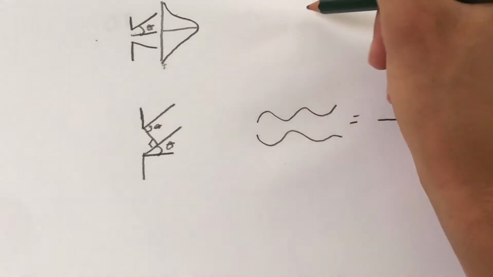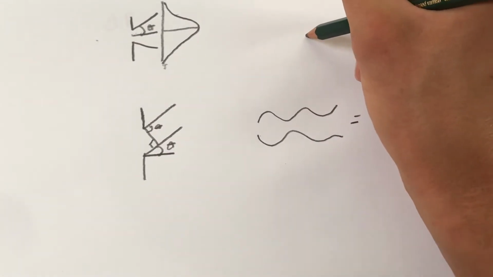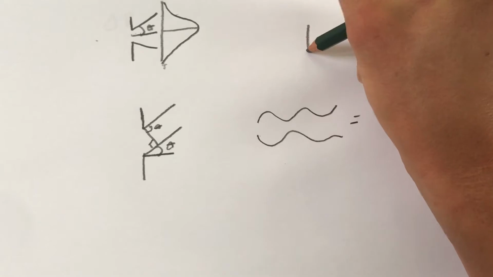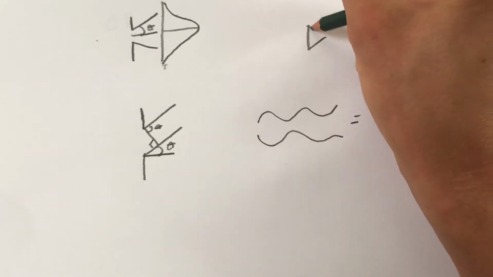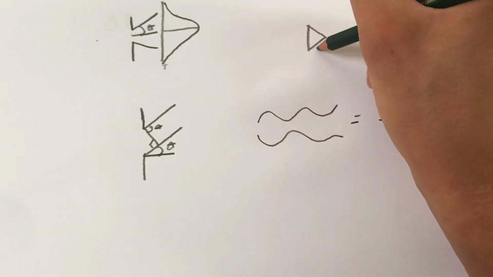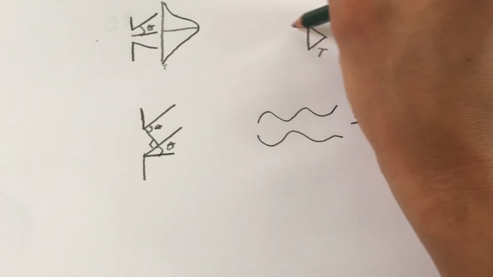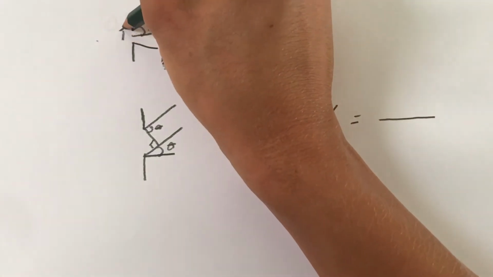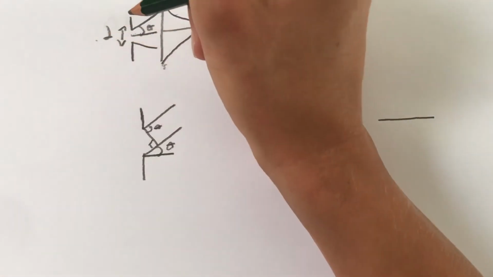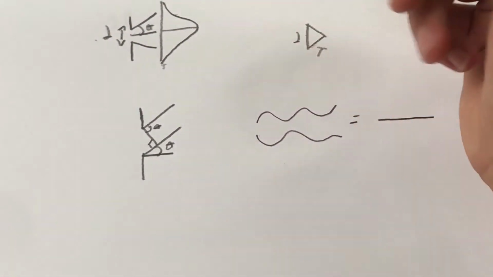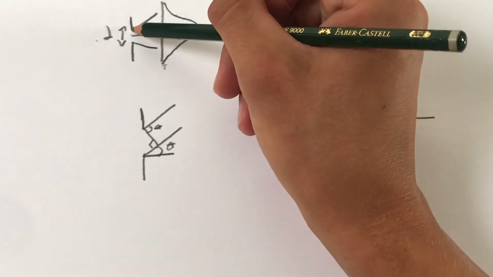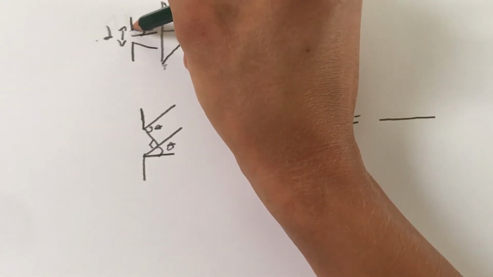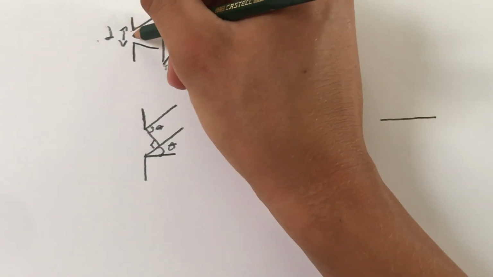If we enlarge the view even further, you can just draw a triangle like this. And you know that this length is lambda, this distance here is d. So if you have a wave here, that wave will cancel exactly at half lambda.